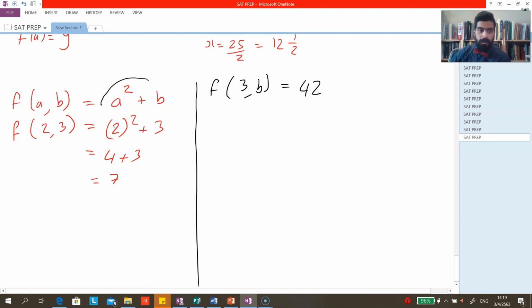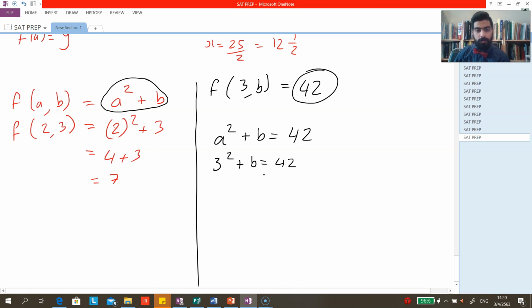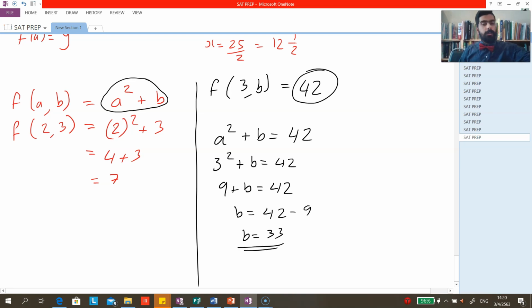So we know that a square plus b is equal to 42, and we see that a is equal to 3, so we have 3 square plus b is equal to 42, and 9 plus b is equal to 42. Therefore, b is equal to 42 minus 9. B will give us 33. Okay, guys, b is equal to 33.